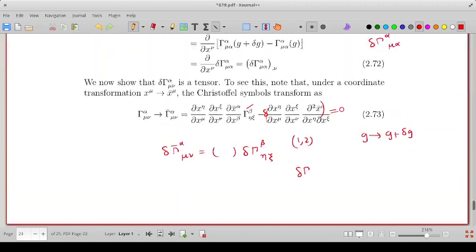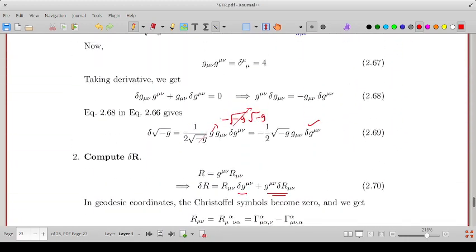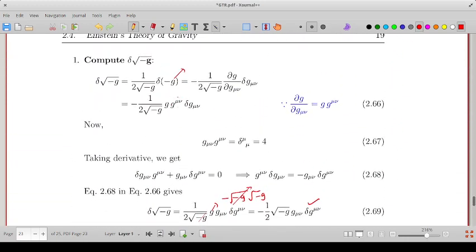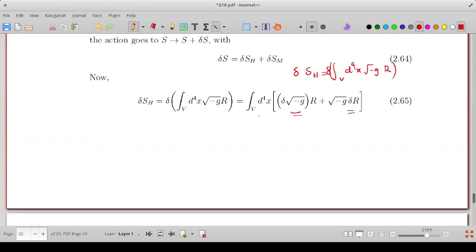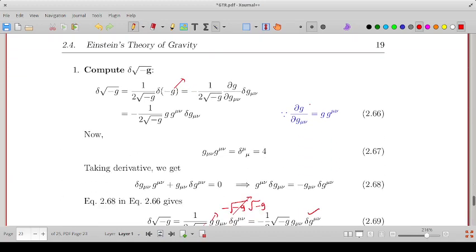We go back to the, so the first factor is this one, delta square root of minus g times r.